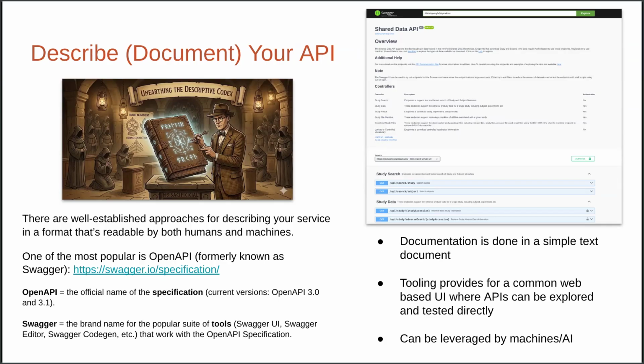Descriptions. Descriptions are also very important. We want to be able to describe our APIs, and probably the best practice for that is to do it with OpenAPI, and then the Swagger set of tools that go along with that specification. So here's an example OpenAPI document, and then Swagger provides a nice web interface to that specification.